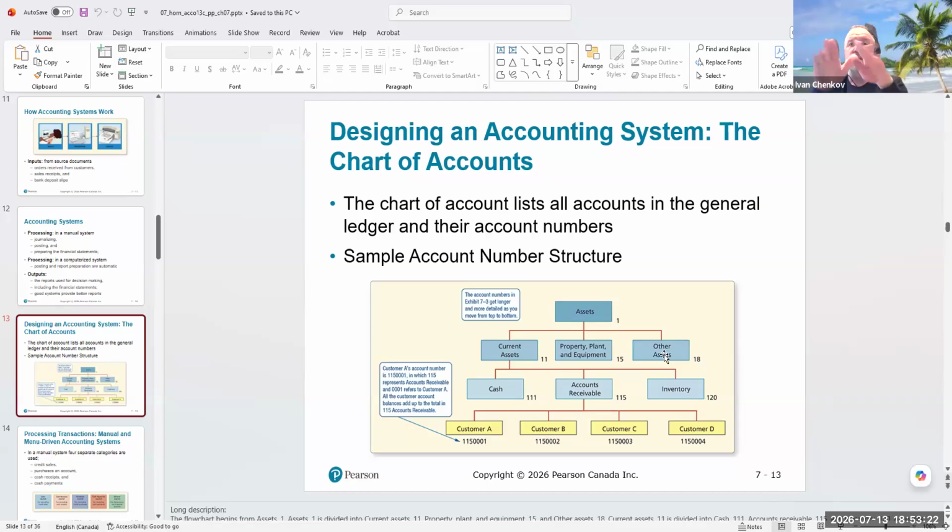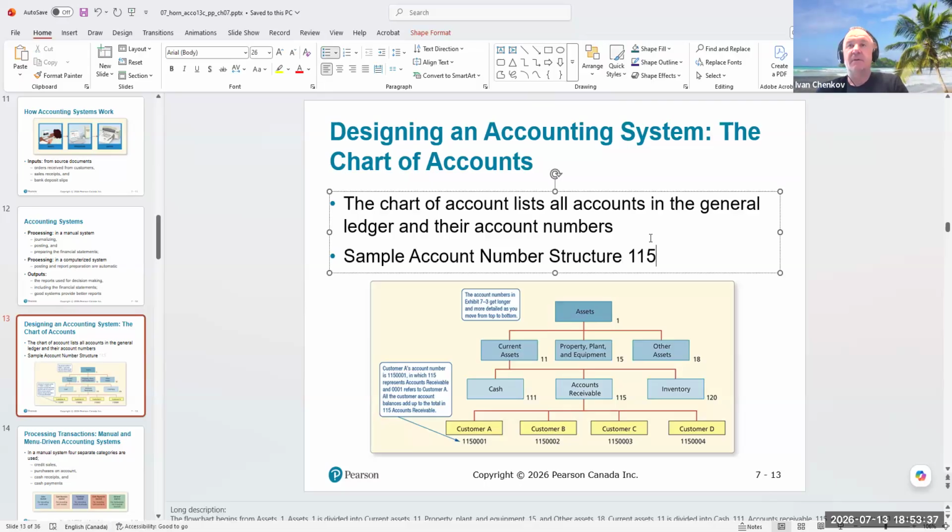Which will those accounts be? Those will be actual customers' accounts. And as you can see, once we set up accounts receivable, the number here is 115, and then we have 00001 for the first customer.